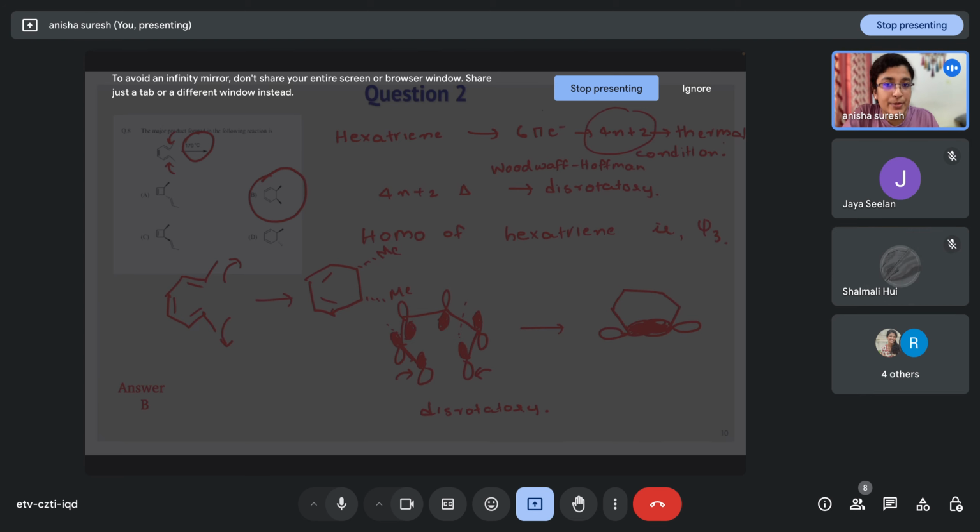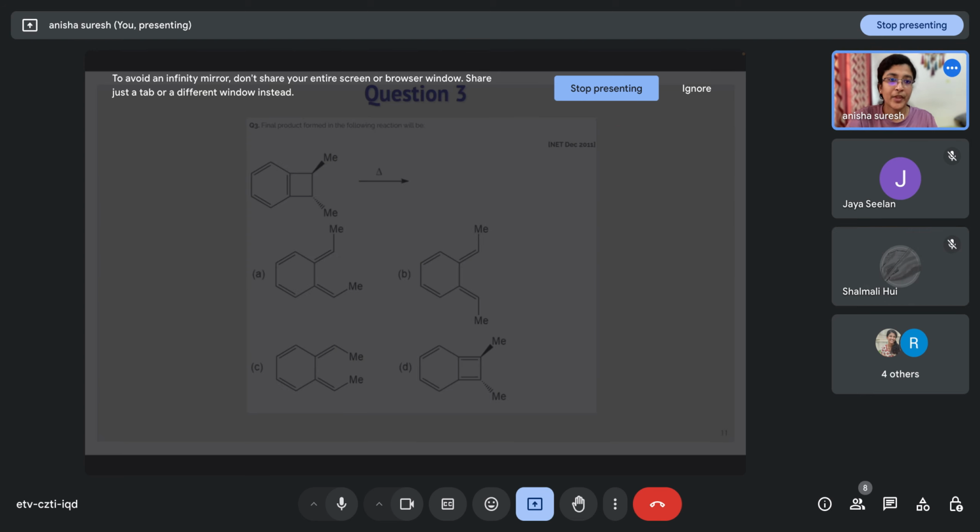Now coming to the next question, that is question number 3. This is a question from CSIR NET December 2011. Here they have given the system and it is undergoing a thermal process. So what will be the product that will result? This is the system that we will be considering.